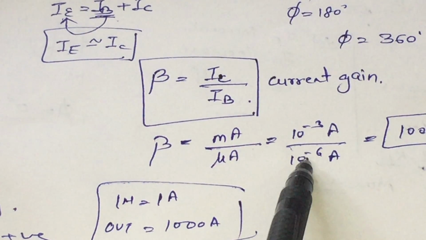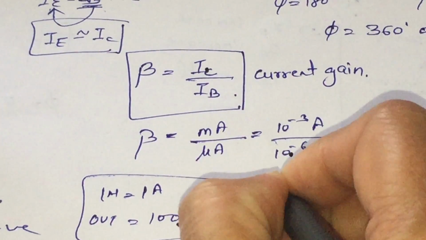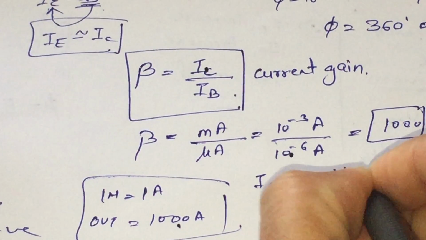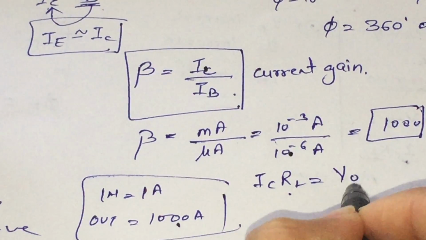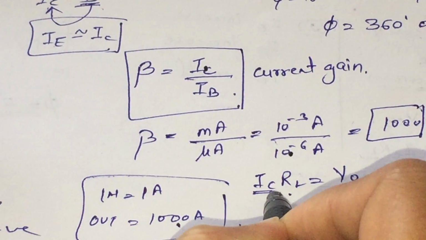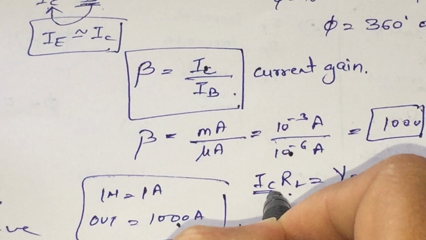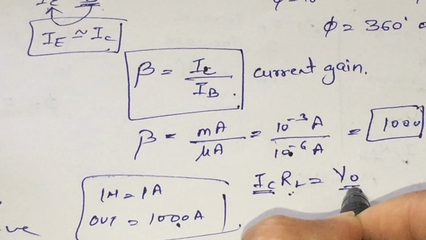Due to the increase in current, we will have a voltage drop, that is ICRL, across the load resistance, that is the output voltage. If IC is approximately 1000 times the input current, we will find the output voltage is very large.